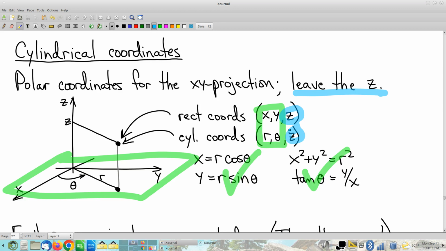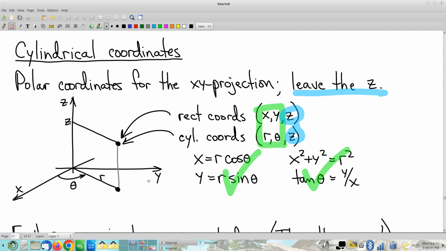So it's again pretty reasonable to think about this as being polar coordinates in space. But that's more syllables than cylindrical coordinates. So I'd rather just say cylindrical coordinates.